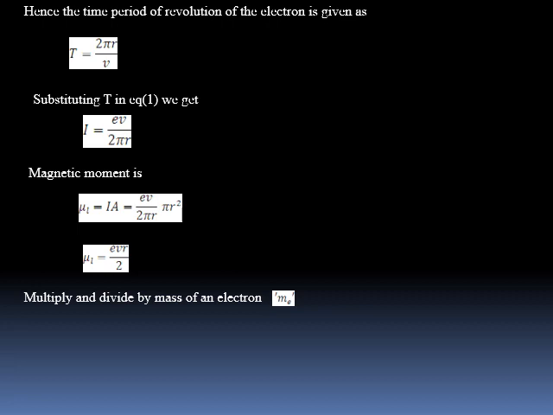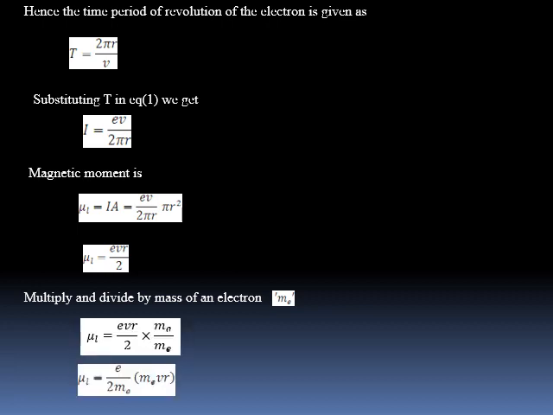When we do that, we will just combine the terms. Okay, mass of the electron in the numerator and the denominator. So we'll have m_e v r e in the numerator. In the denominator, we'll have 2 m_e. So if you group them, you can write this equation in terms of orbital angular momentum.